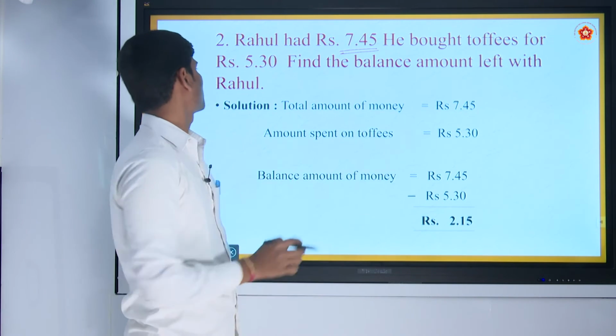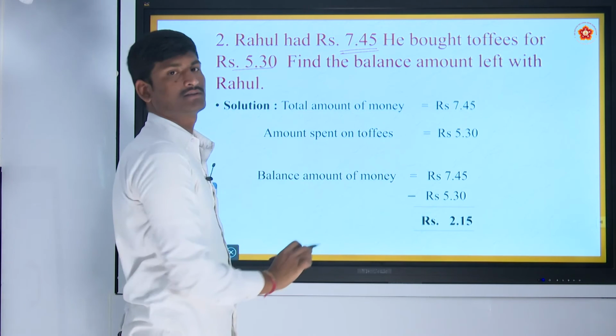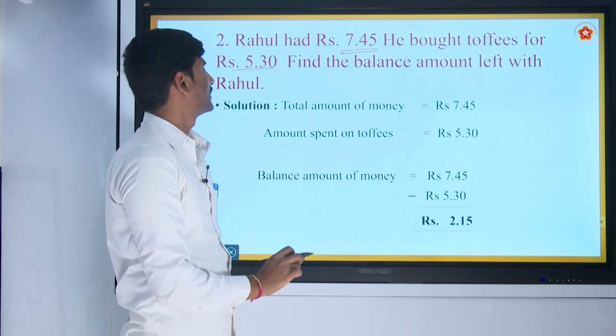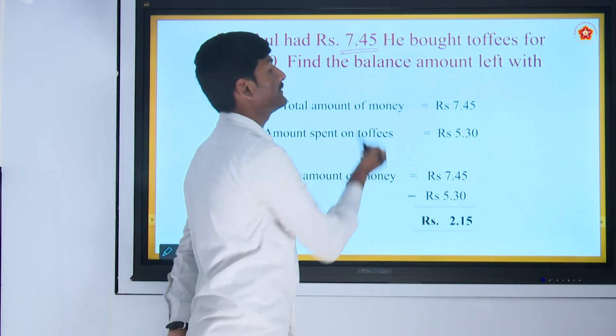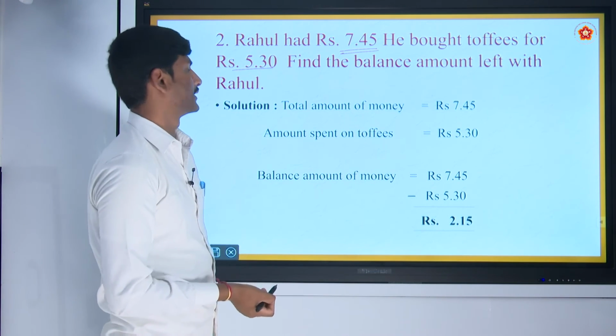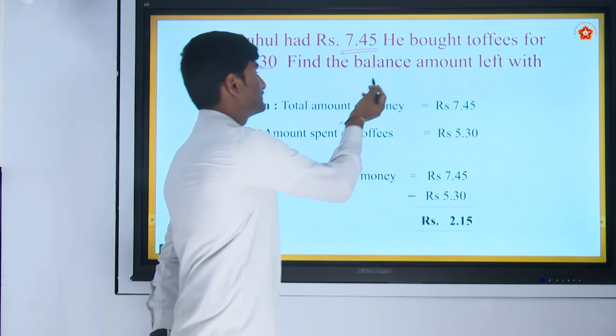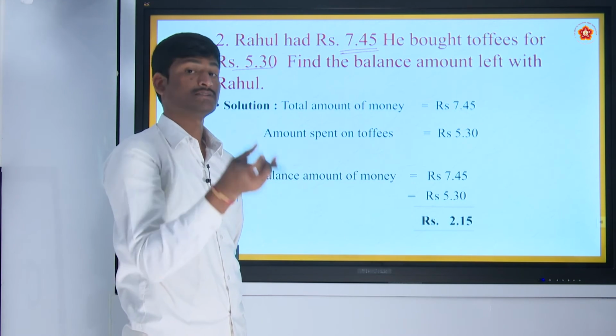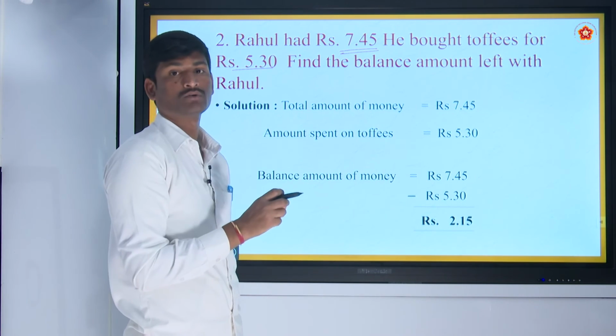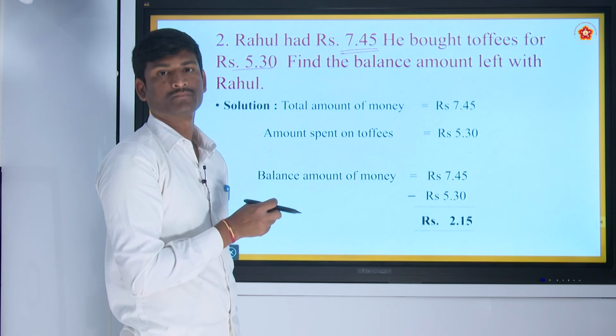He bought toffees for 5.30. Therefore, what is the remaining amount? Remaining means balance means subtraction. Find the balance amount means subtraction.